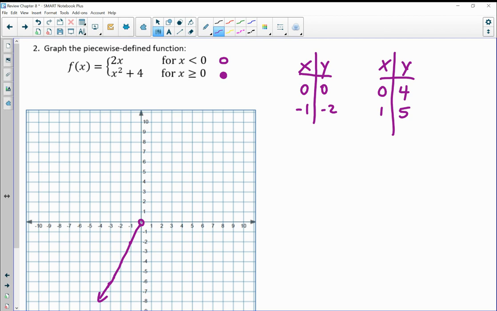So again, let's graph this: (0, 4), closed circle, and then (1, 5). We recognize this is a quadratic, so this would continue in this manner. So there's our piecewise function.